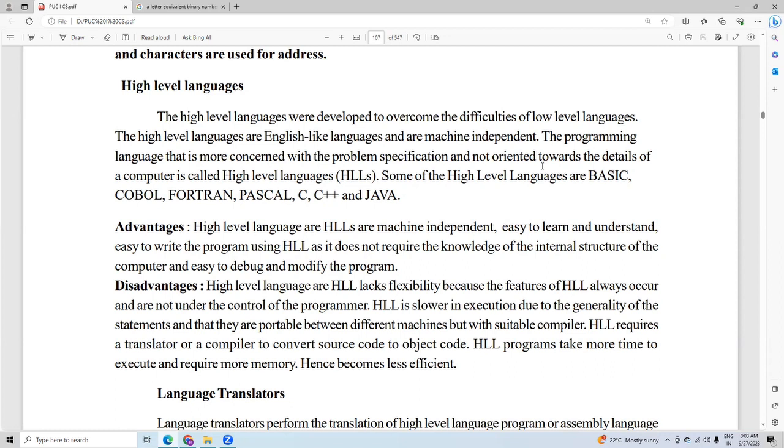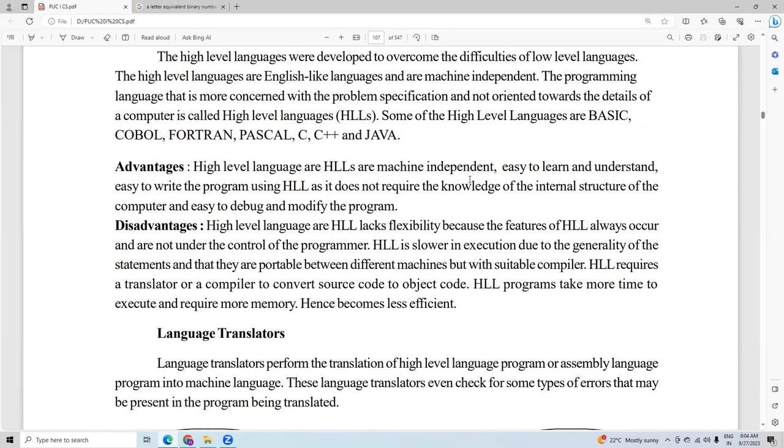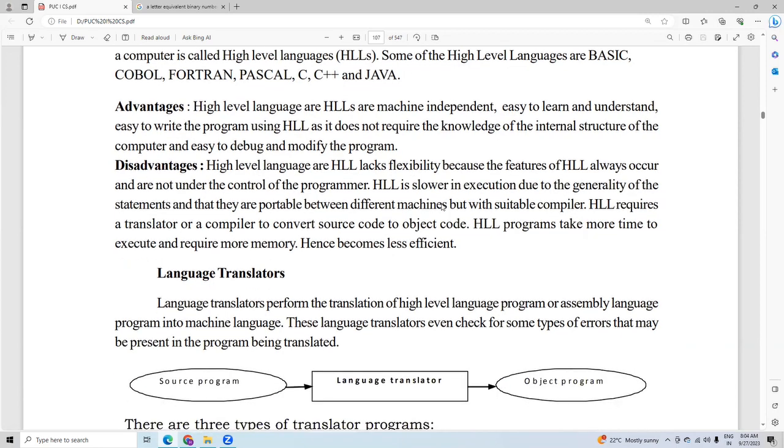Hence, the program written in one model of the computer can be processed on any type of computer. That is why they are called machine independent or highly portable languages. Right. So HLL, high level languages like Basic, COBOL, Fortran, Pascal, C, C++, Java, all these latest whatever nowadays we are having, everything comes in that.